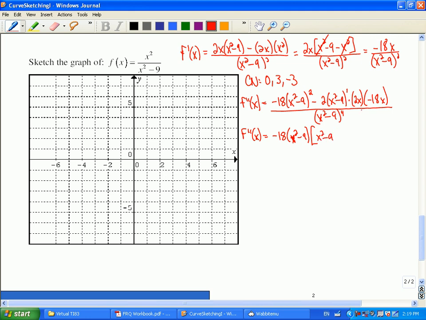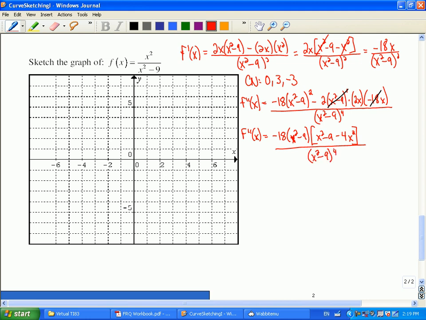And then the other piece here, that negative 18 is gone, and this piece is gone as well. So that means I have minus 4x squared, yes, thank you. 4x squared, because there's an extra x there.